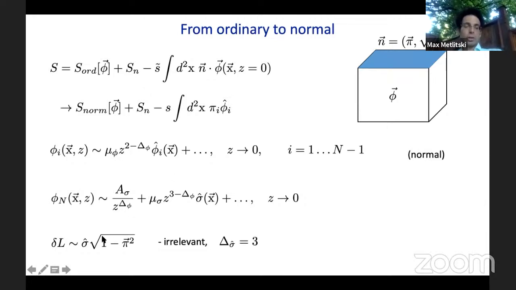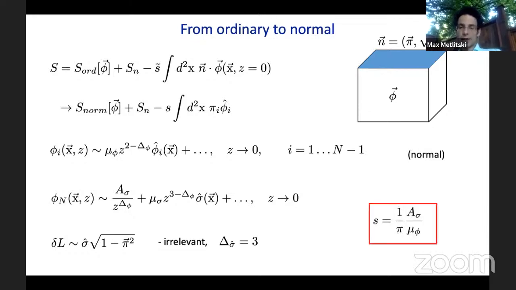What if you try to couple longitudinal components? Well, you'll induce a coupling like this, but sigma hat has dimension 3, so this would be an irrelevant coupling. So that means that this is the only marginal coupling we can write down. And furthermore, it means that somehow this has to have a hidden ON symmetry, even though only ON minus 1 is manifest.